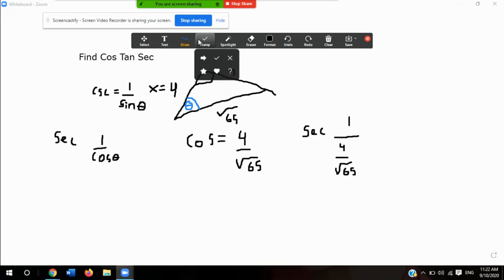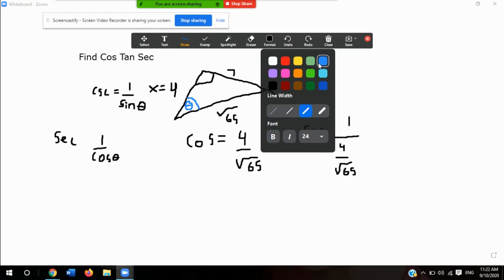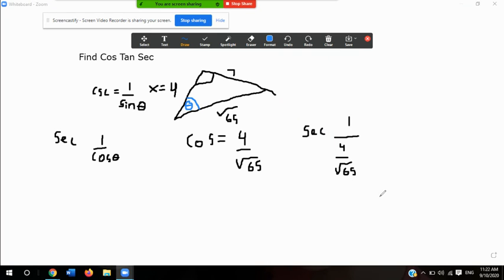So the next step, and I'm going to write it in a different color so I can illustrate my point better, is to invert this fraction. Basically, write my denominator where my numerator is, and bring my numerator down to my denominator.